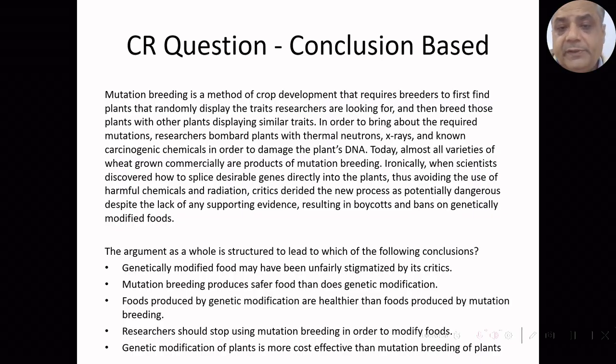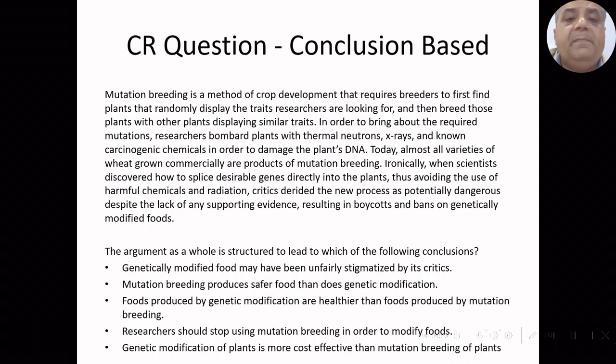So let us take the options one by one. The first option says genetically modified food may have been unfairly stigmatized by its critics. When we read the author's claim, this looks like a close match, so let's keep it. The next option says mutation breeding produces safer food than does genetic modification.